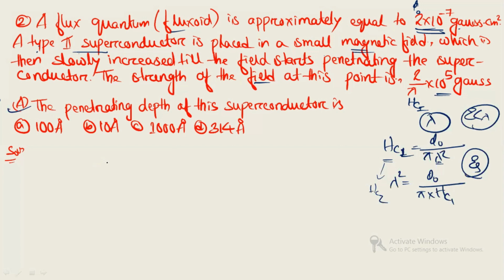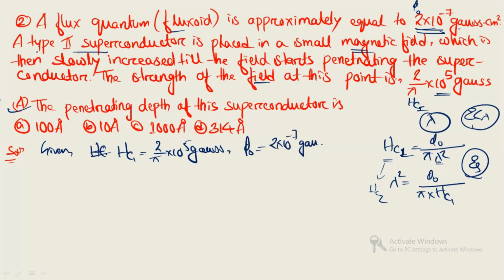So here directly we can put the values. I'm writing here once what is given to us: HC1 equals 2 by pi into 10 to the power 5 Gauss. Phi naught equals 2 into 10 to the power minus 7 Gauss per centimeter square.